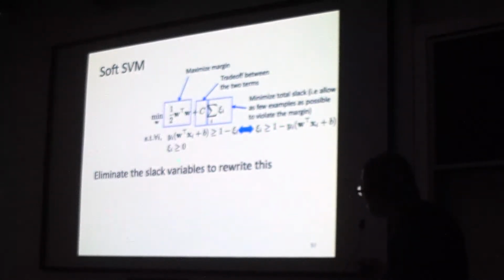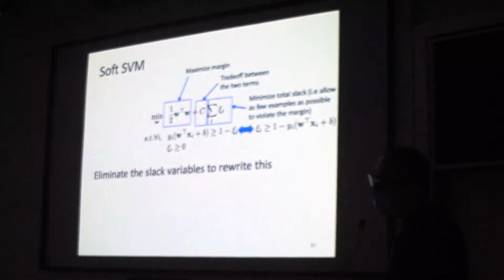At the same time, the second constraint tells us that the slack variable is non-negative. So now we can see that the slack variable has two lower bounds. That means the slack variable is at least bigger than or equal to the maximum of the two. It must be no less than the maximum of 0 and 1 minus the function margin.